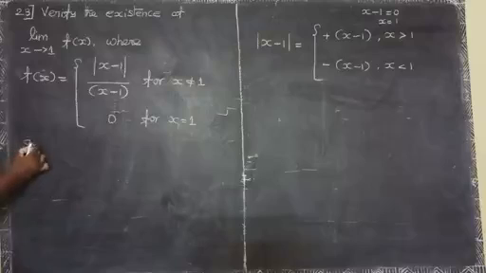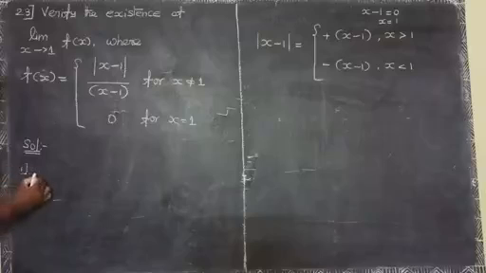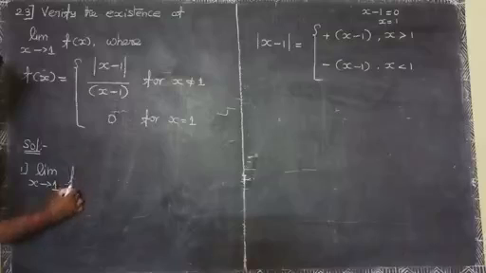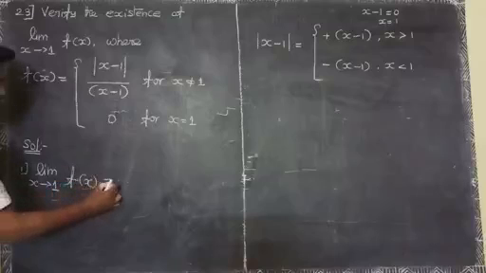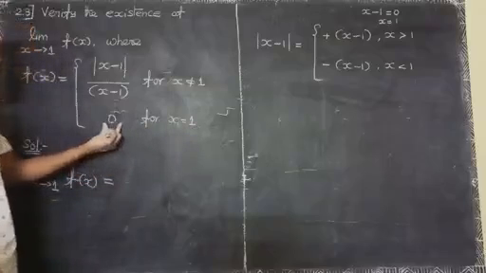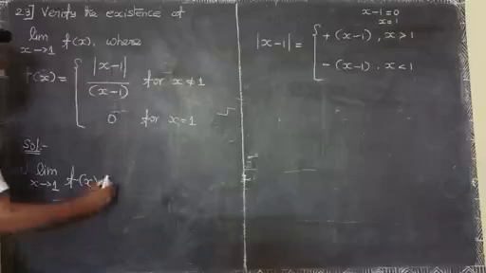Okay, solution. In the first one, the limit as x approaches 1 of f(x). x approaches 1 means x equal to 1, so the constant function is 0.